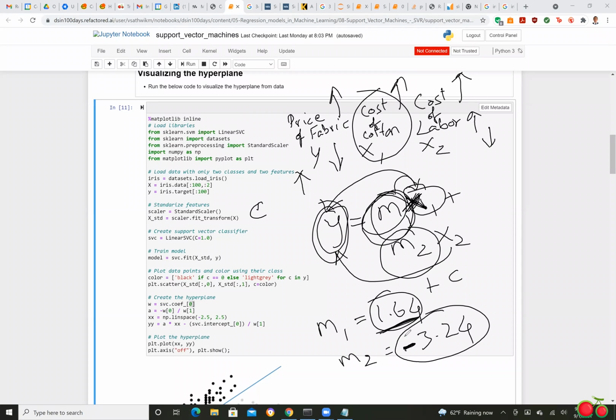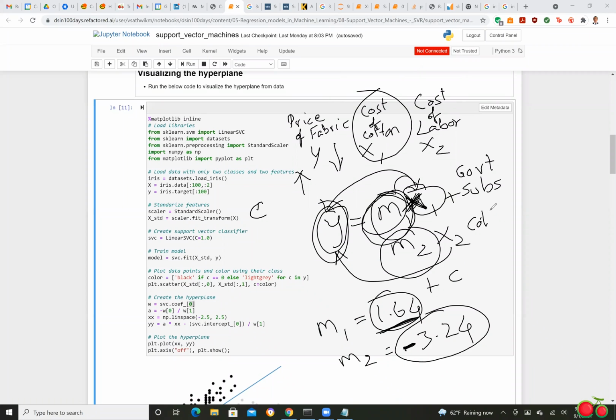Let's say government subsidy. Or even better, we could look at another variable as well.